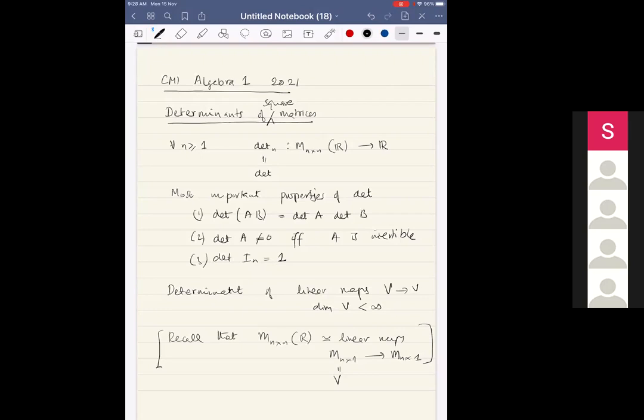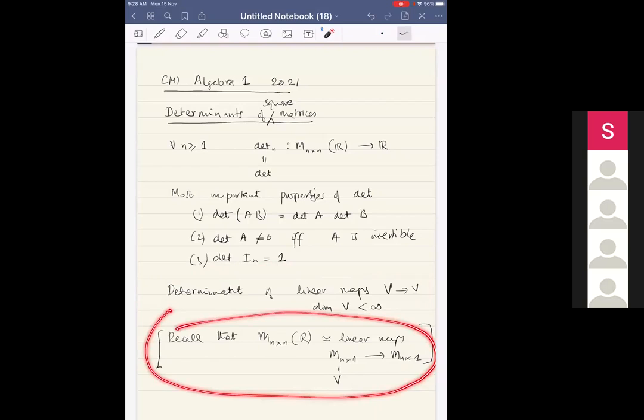Now we are going to define the determinant of a linear map from a vector space to itself, provided the vector space has finite dimension. While we do that, let me remind you that what we have done is already a special case, because n by n matrices can be thought of as linear maps from column vectors of length n to column vectors of length n.